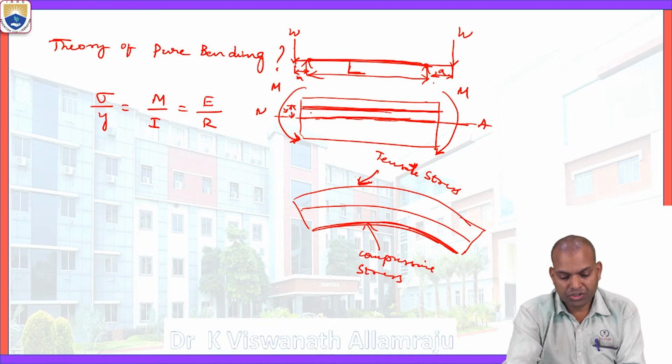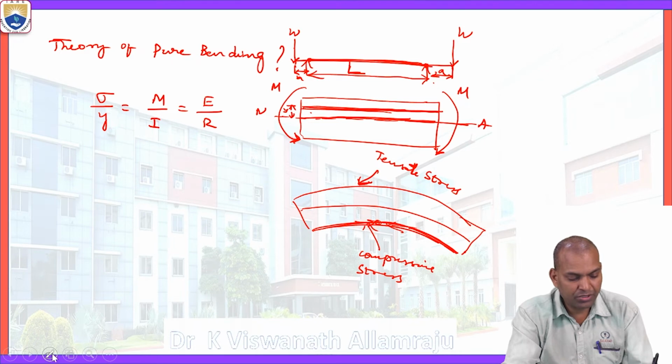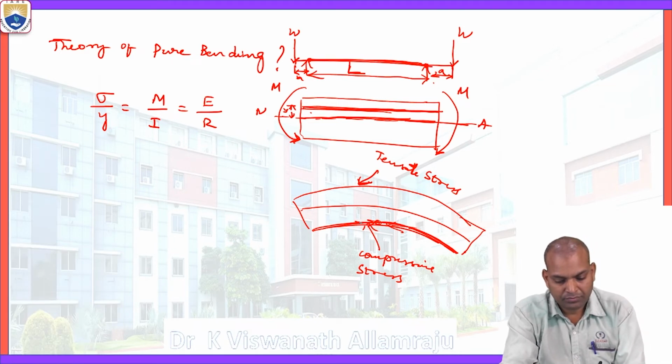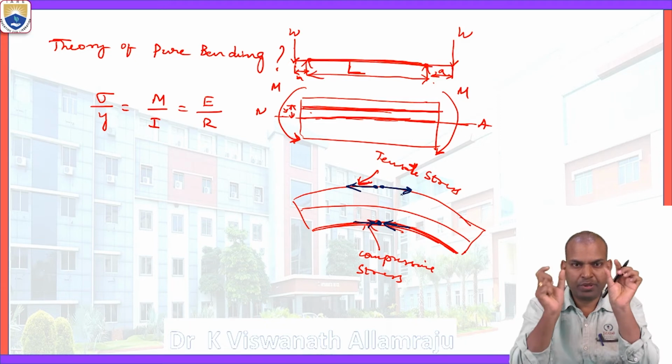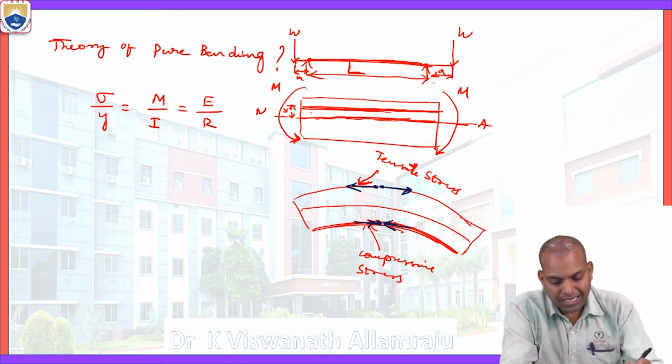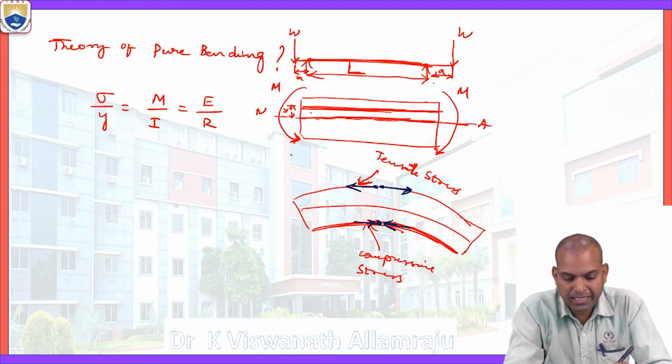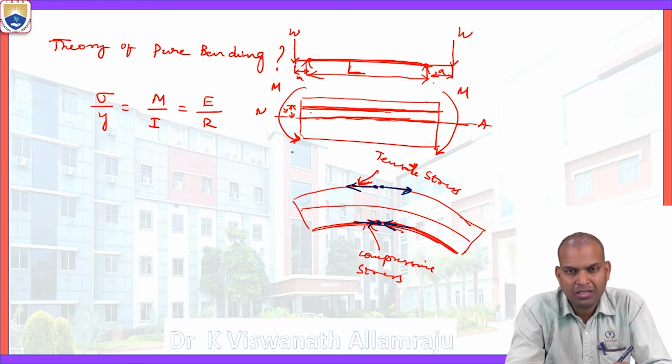So there is a layer called the neutral surface that experiences neither tensile nor compressive stress. That means no stress. That layer is known as the neutral surface, where the stress is 0.